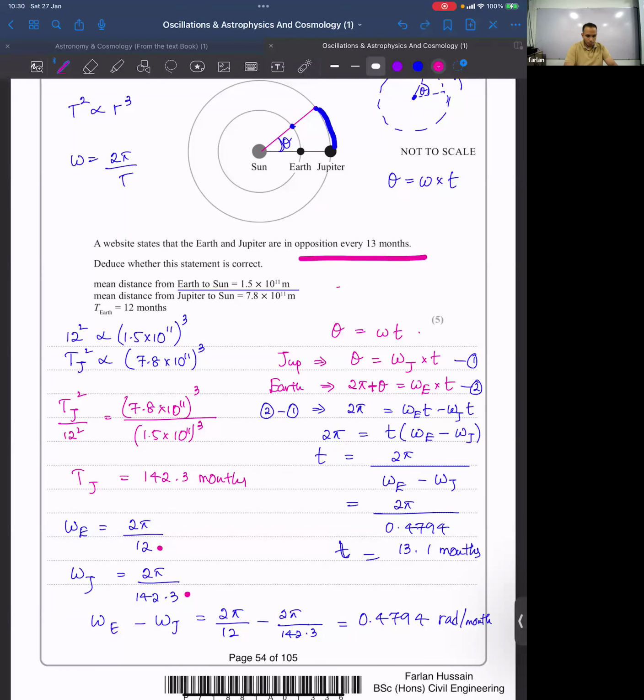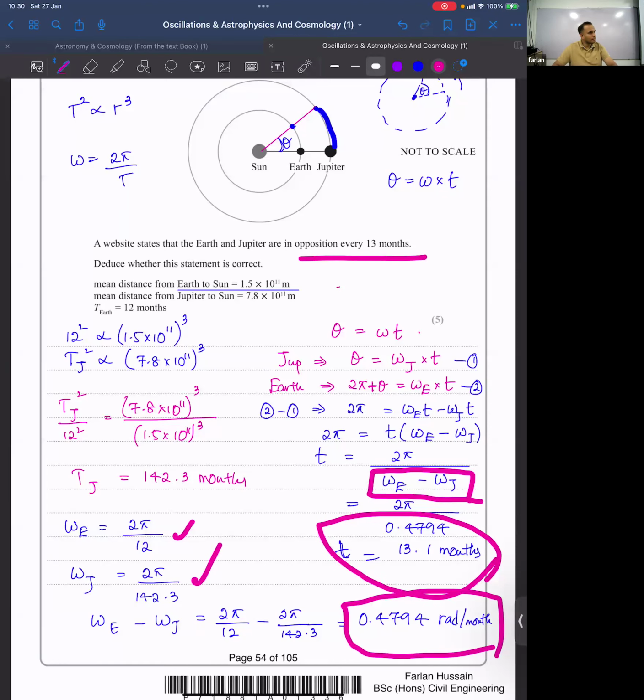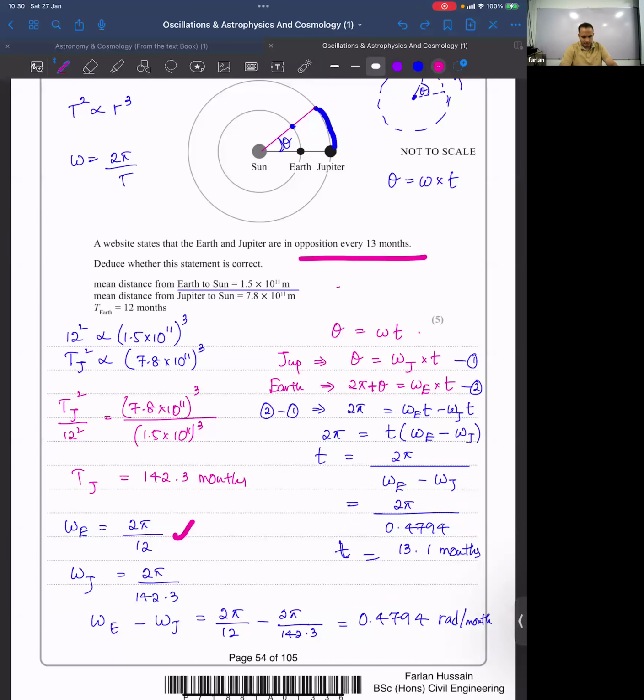So I got omega in radians per month. Then omega e minus omega j I got in radians per month. I substituted that value for the t, and then I'm getting t in months. Understood? Is that clear?